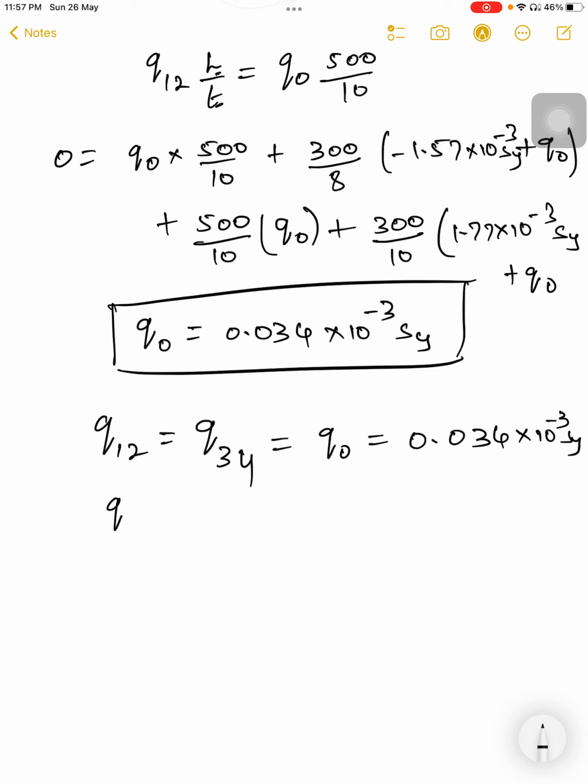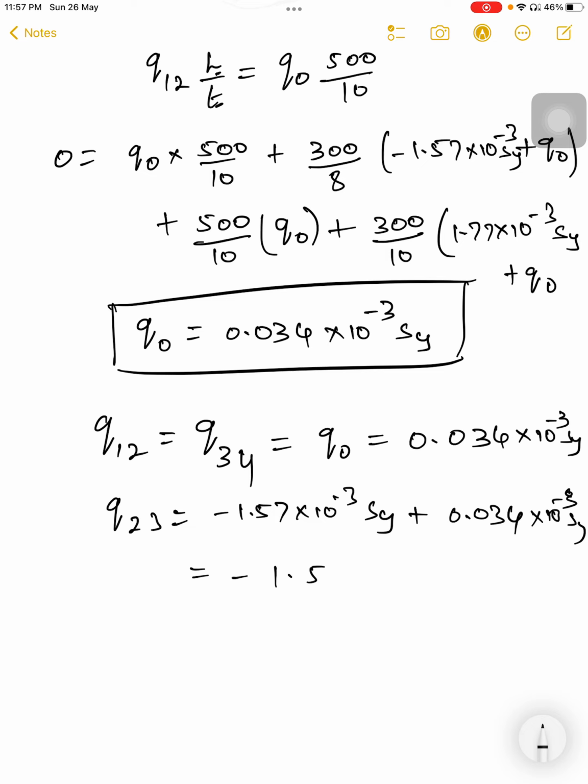Similarly, for Q23, it is equal to minus 1.57 into 10 power minus 3 SY plus Q naught, which is 0.034 into 10 power minus 3 SY. So it will be equal to minus 1.536.